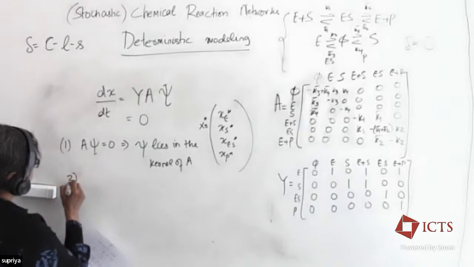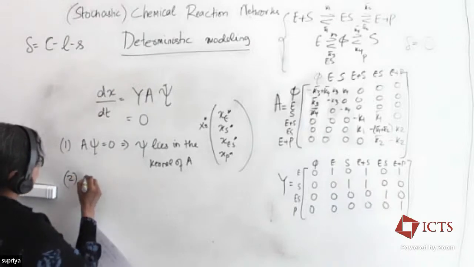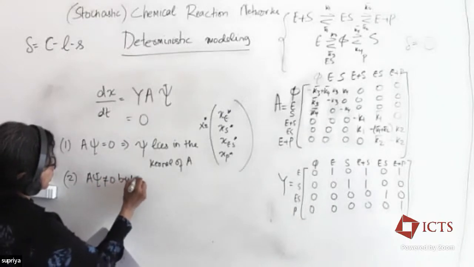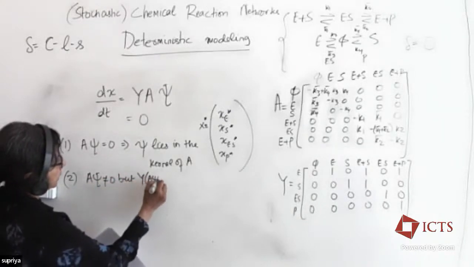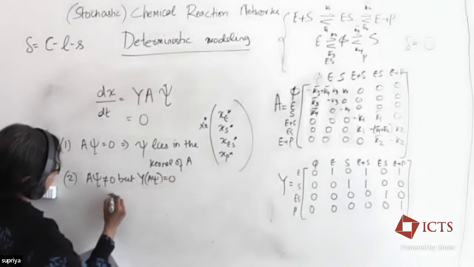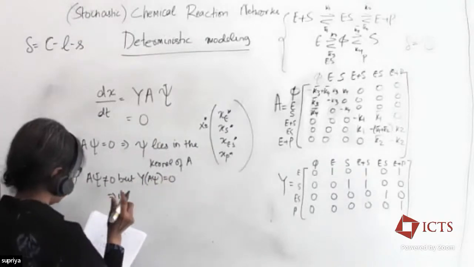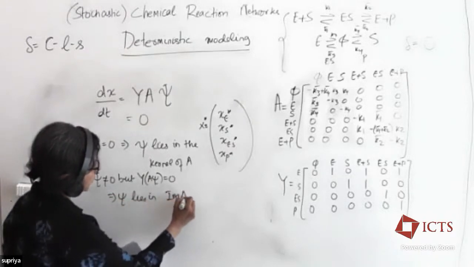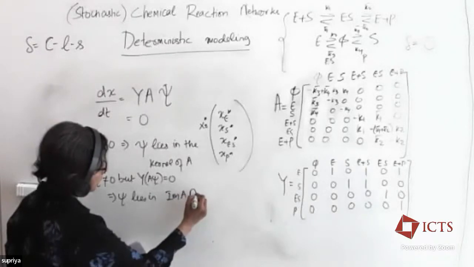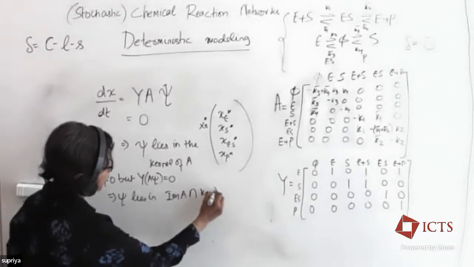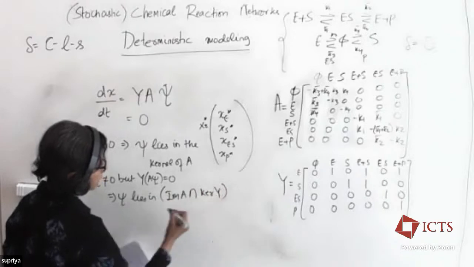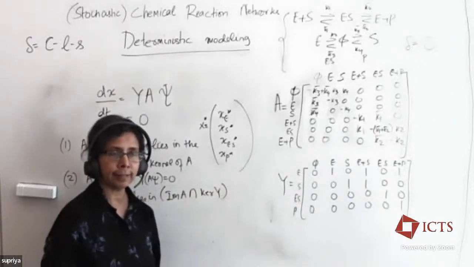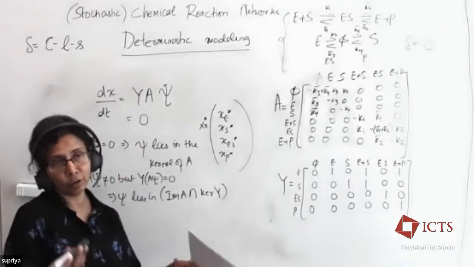Or A psi is not equal to 0, but Y times A psi is equal to 0. This implies psi lies in the image of A intersecting the kernel of Y. The image of A is just a fancy way of saying whatever A did not kill.